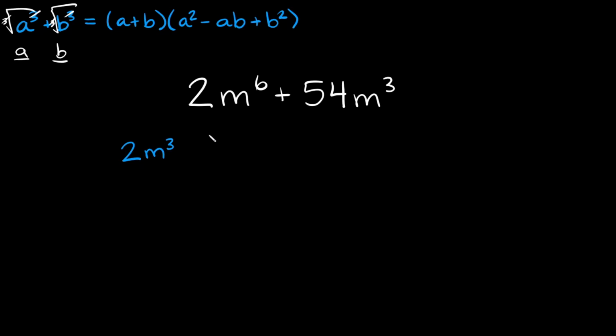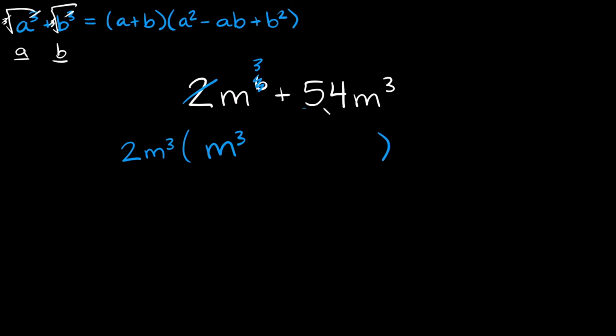So then once we factor that out, what's left in our parentheses right here? Well, we have a 2 here, but we pulled it out, so that goes away, okay? Here I have 6 m's, but we factored out 3 of them, right? So we're just left with 3 m's right there, okay? So this would be m cubed, okay? And then here, again, factoring is the same thing as dividing.